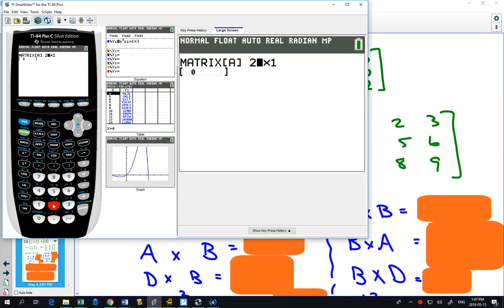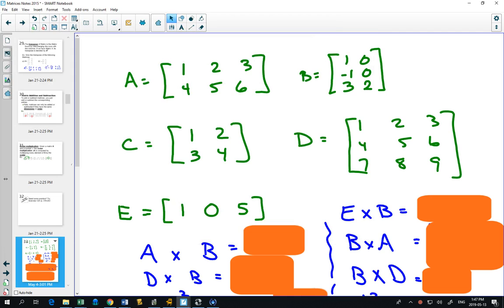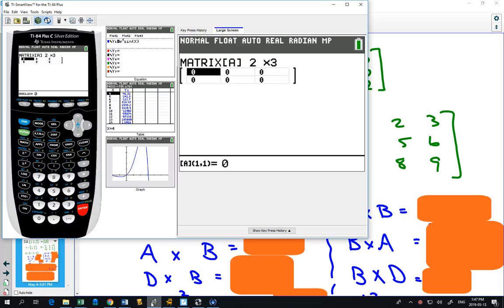The 2 by 3, 2 rows, 3 columns, and we can type in the numbers 1, 2, 3, 4, 5, 6: 1, enter, 2, enter, 3, enter, 4, enter, 5, enter, 6, enter. And now that's remembered as matrix A.